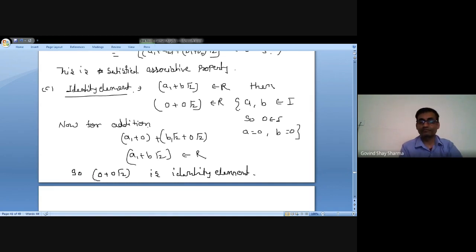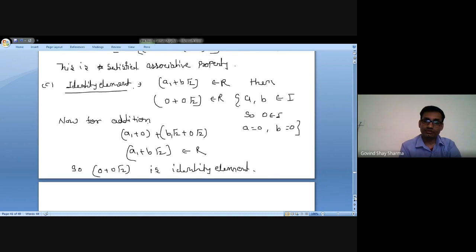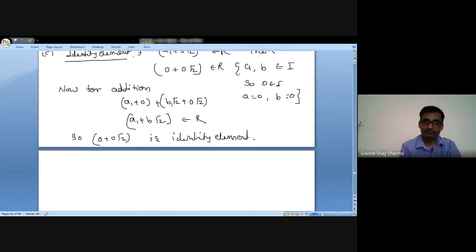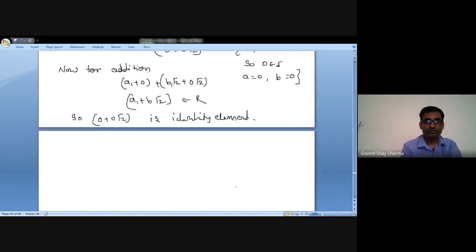We know very well. Now we discuss the inverse property. Inverse property means that the resultant is the identity element. So we know the identity element is 0.